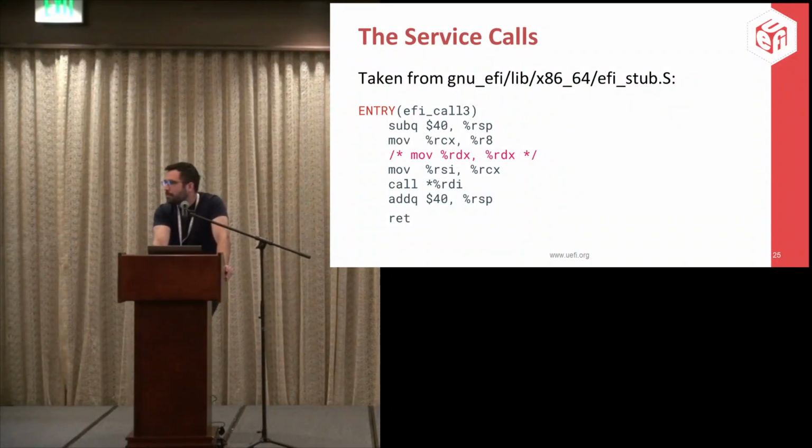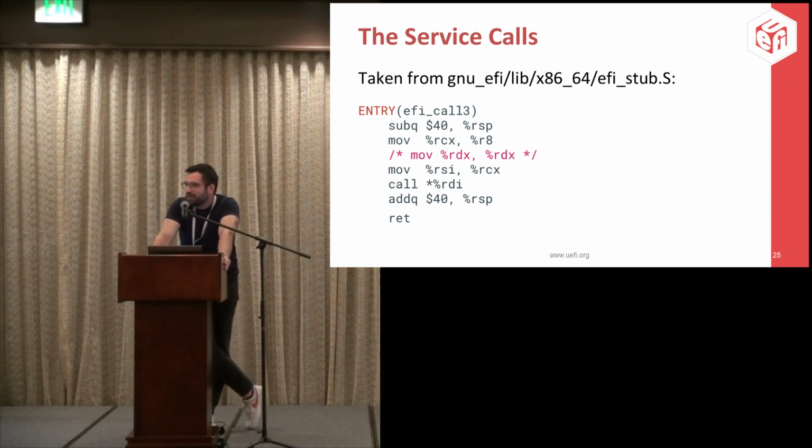This is the magic of how it's being done. I'm going to go slightly into everything that's being done here, as it contains a little bit of weirdness. It moves RDX to RDX and then comments it out, it allocates some memory on the stack, moves a little bit of registers around, one of that's being commented out, then makes a call to RDI, and returns.